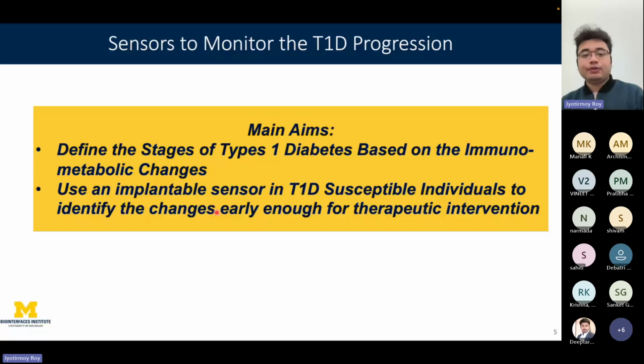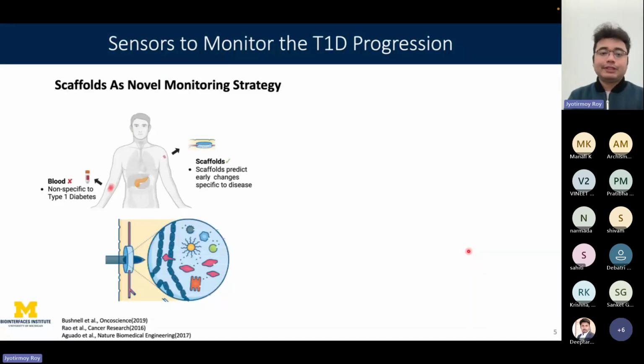To define this, we are using an implantable sensor in T1D susceptible individuals to identify early changes for therapeutic intervention. So the tool which the lab uses for monitoring T1D progression is scaffolds. Before going ahead, I would like to talk a little bit about the scaffold and its comparison with blood-based tests, that is, why we're using a scaffold-based sensor as compared to simple blood draw-based tests.